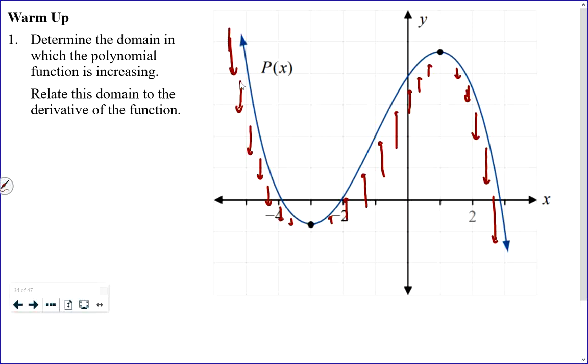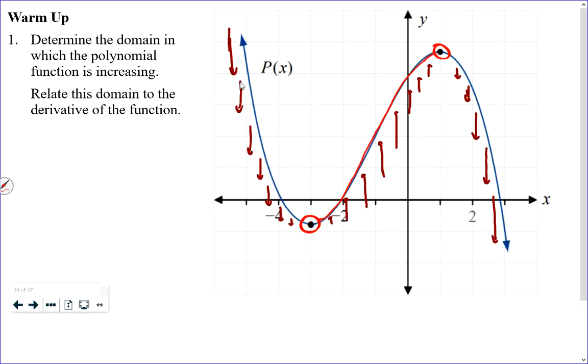So where is the function increasing? The function is increasing, and I'm just in a teaching mode right now. The function is increasing not here and not here, but it's increasing everywhere in between. I said I'm just in teaching mode because I don't think you need to draw this on your graph. You're just in learning mode here.